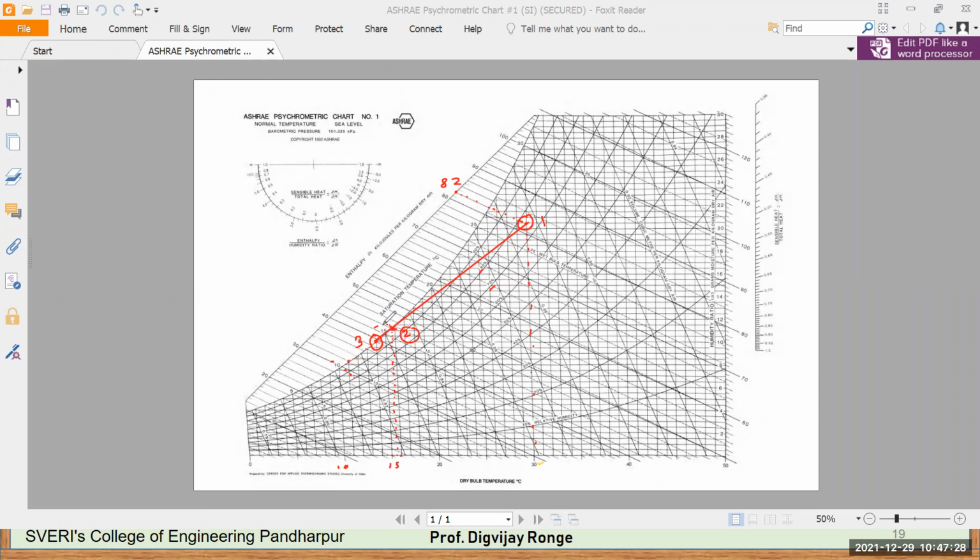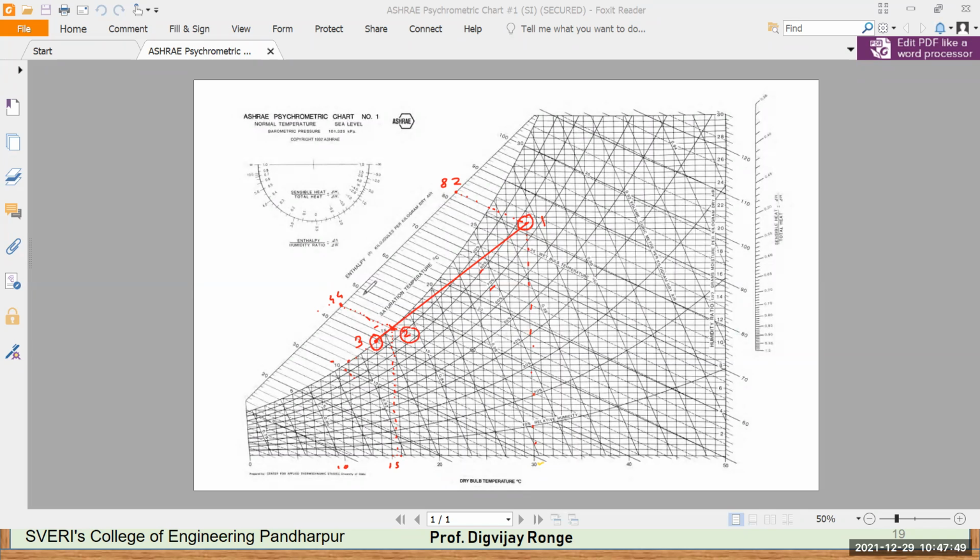This corresponds to this constant enthalpy line. I will get here, this corresponds to 40, 42, 44. So this corresponds to 44 kilojoule per kg. Right? So I have known the enthalpy values.